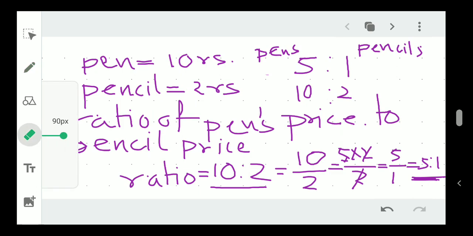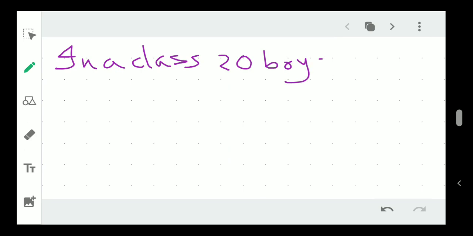Let us talk about something else. Let's say in a class we have 20 boys and 15 girls. Or we can have 20 girls and 15 boys as well, same.